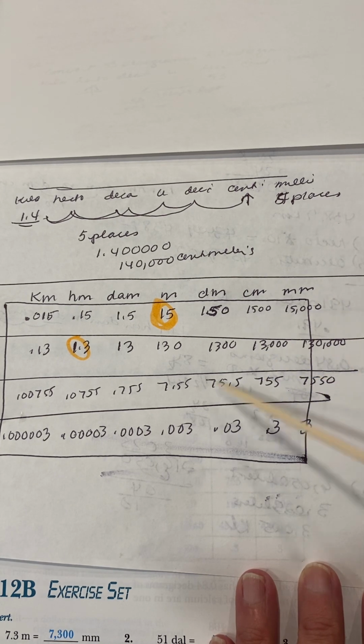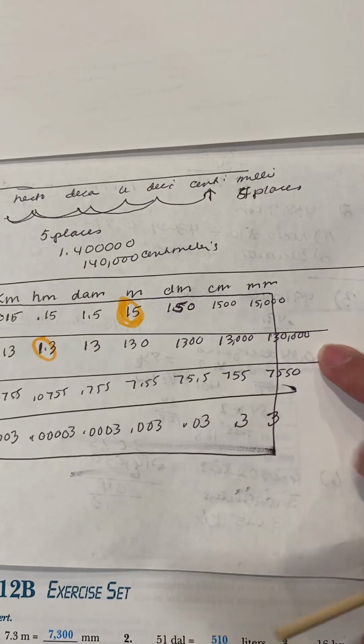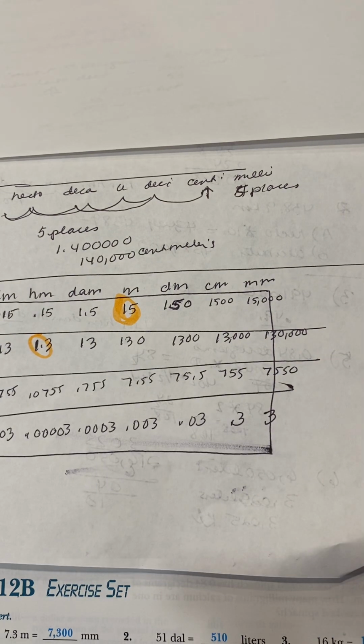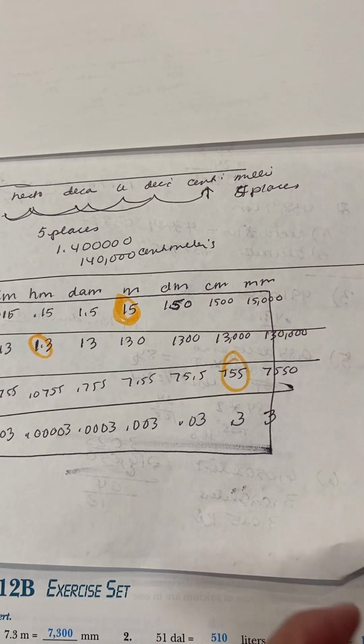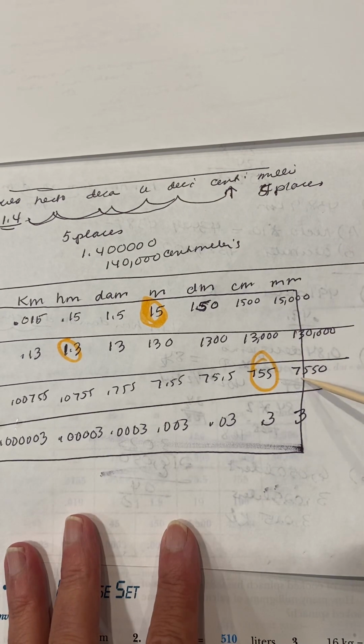So this one here, which one do we have for this one? Let's see. The one that was located, I think, was this one. Okay. So for 755 centimeters, if we go to milliliters, we're going to the right with the decimal point. So it's going to be 7,550.